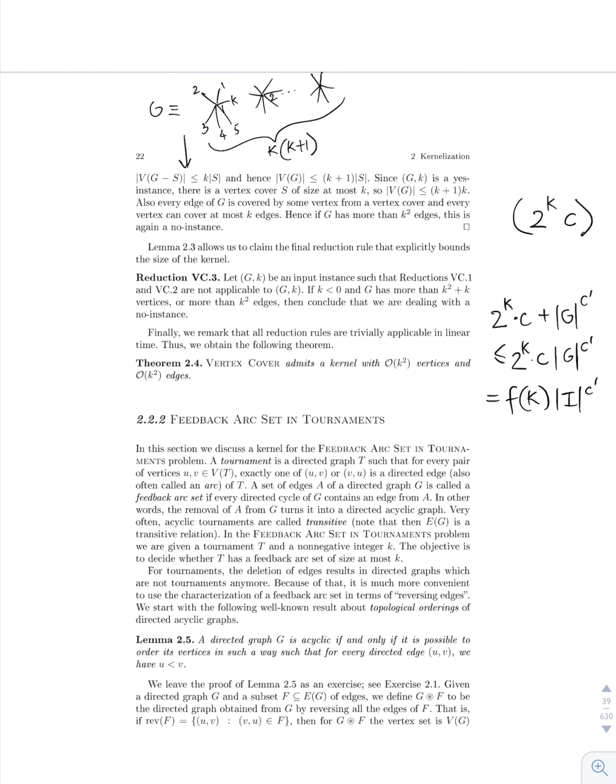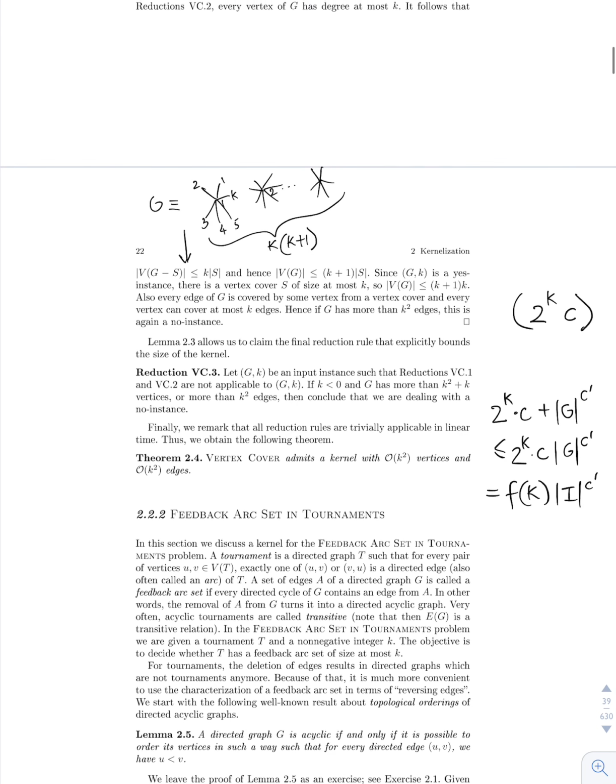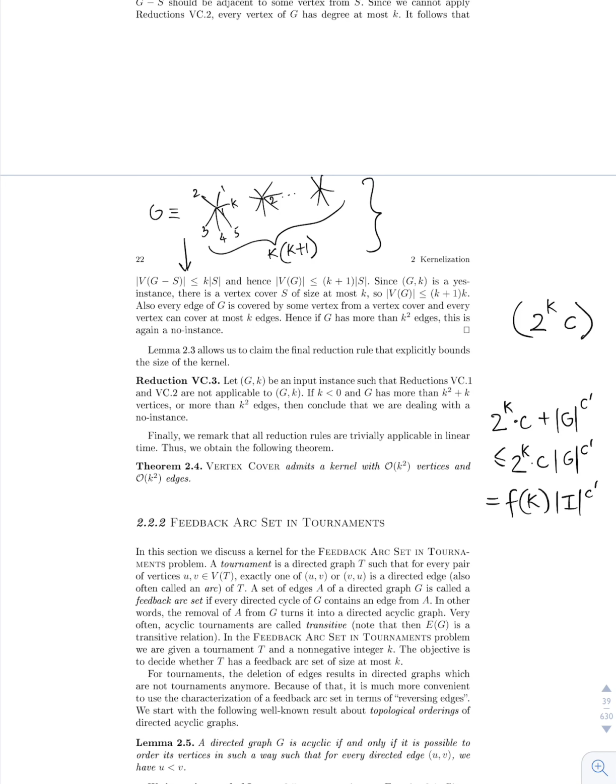But anyway, I have an FPT algorithm, and this instance size is bounded by some quadratic in k. In this case it is k into (k plus 1), and that's why I say that my kernel is a quadratic kernel.